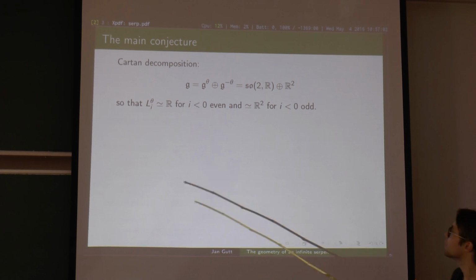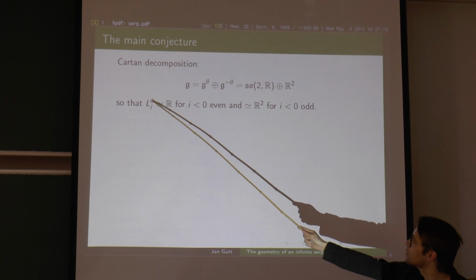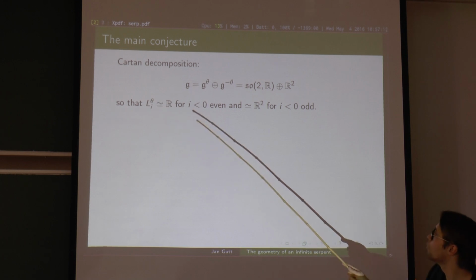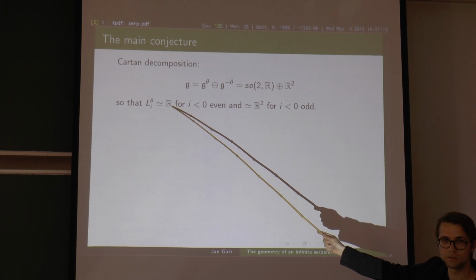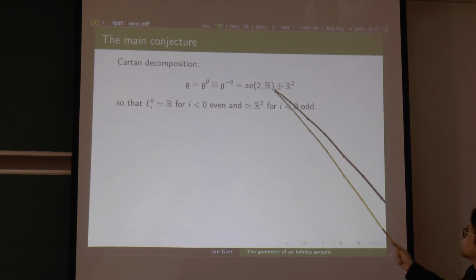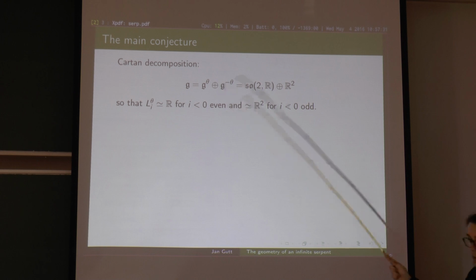So this way, you see what the graded pieces of our twisted loop algebra are. There should be a frac G here that I forgot. For even i's, you just get R, the trivial SO2 representation. For odd ones, you get R2, the standard representation. Now if you think about it, you get negative integers, even, odd, even, odd, and the dimensions of those spaces are 1, 2, 1, 2, 1, 2. That should ring a bell.